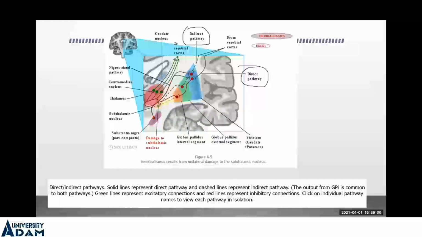So here we have the thalamic target structures. Excitation of the direct pathway has the net effect of exciting thalamic neurons.